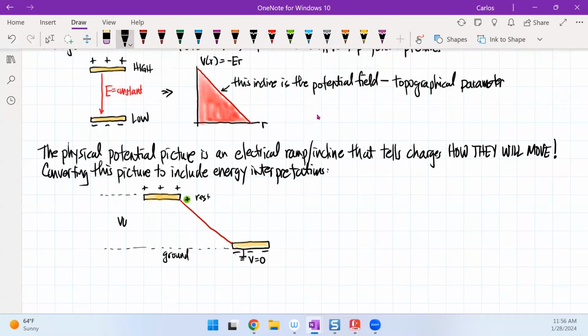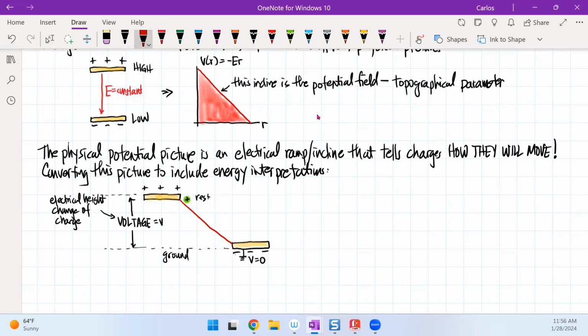This right here is the voltage. And that voltage represents the electrical height, right? So this guy right here is the electrical height change of charge.